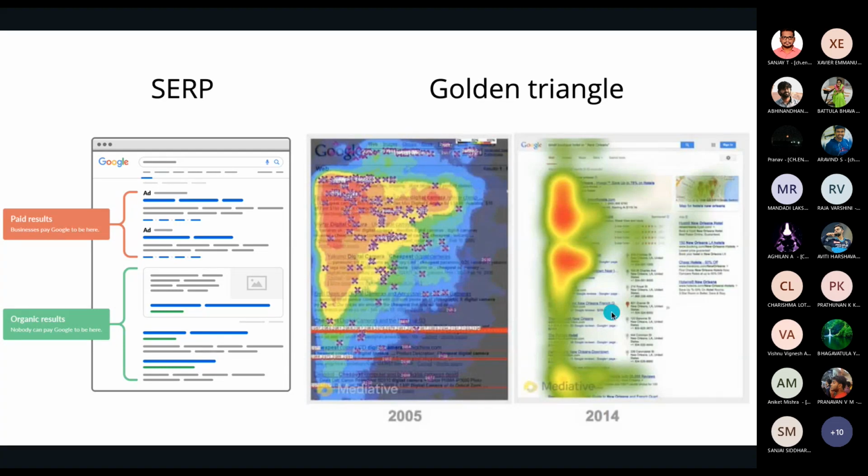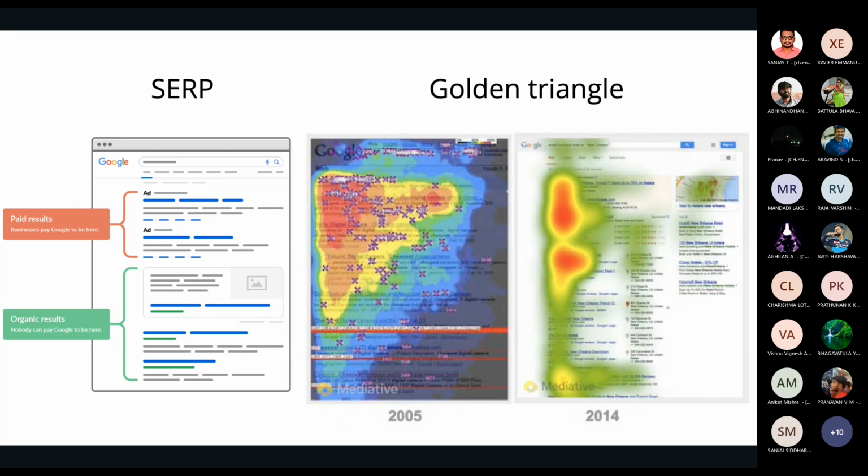The 2014 results were strikingly different from those a decade ago. The golden triangle has almost disappeared now. Instead, users tend to scan more vertically and to vary their focus depending on what they are searching for. This change in behavior is partially the result of the increased use of mobile devices, which have conditioned customers to scan more vertically than horizontally.